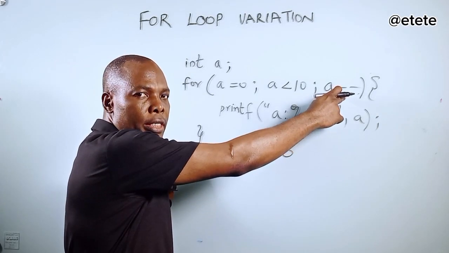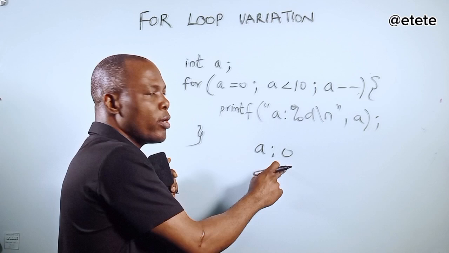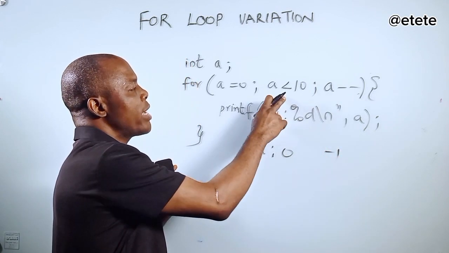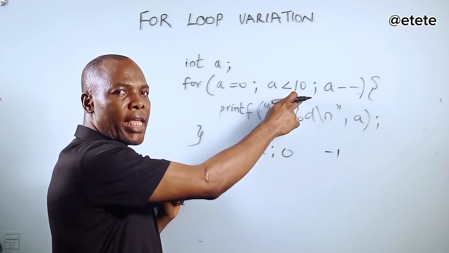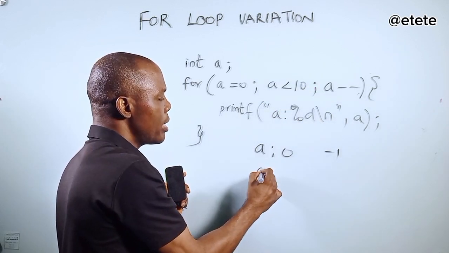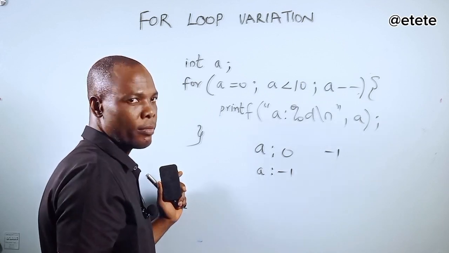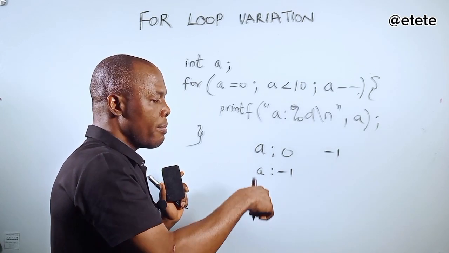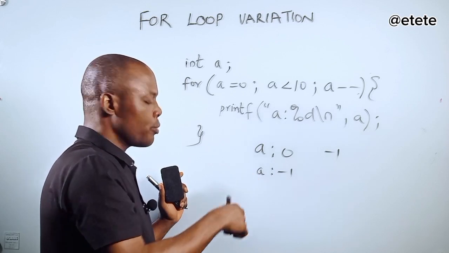Then it will what? Decrease. So a is 0. It will now become -1. Then when you get here, -1 less than 10. That is true. It will come in and it will print what? a -1. Then it will decrease again. That will become what? -2.